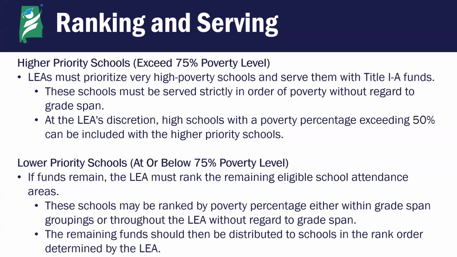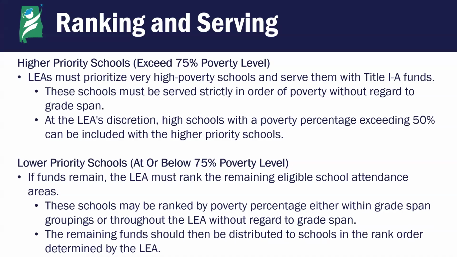And if you are a high priority school, that means the district must serve you as Title I, and you have to participate in the Title I program. Now, LEAs who have the high priority schools also must rank those schools in strict order of poverty percentage without regard to grade span.